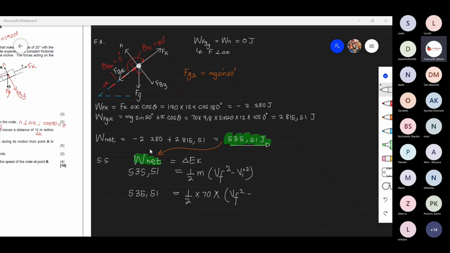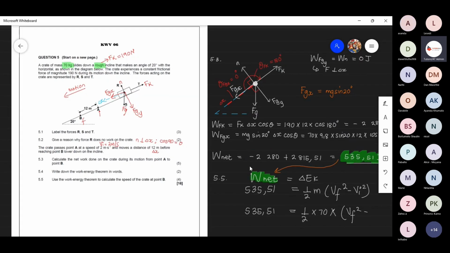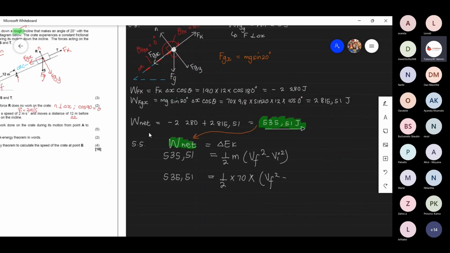Let us go back to the information from the question and find out what our initial velocity is. Okay, there it is. Our initial velocity is given as 2 meters per second as per the question.